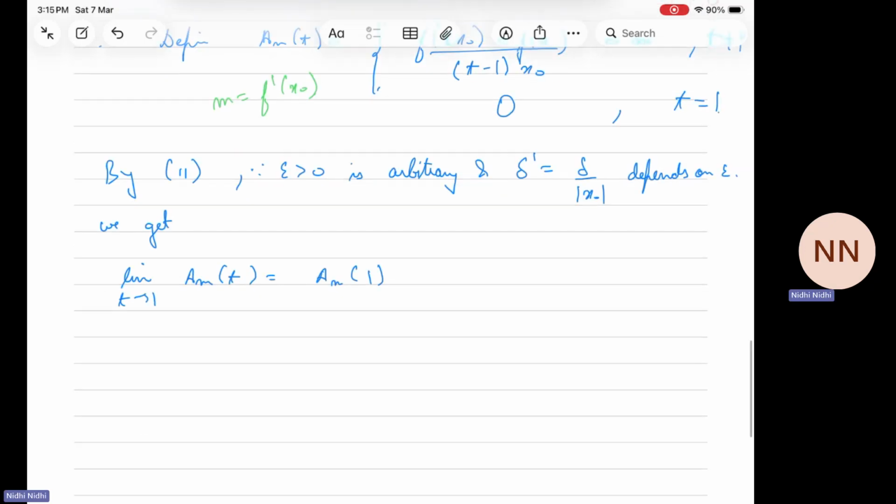And this is happening for m equals to f dash x naught, which is a real number because f is differentiable at x naught.